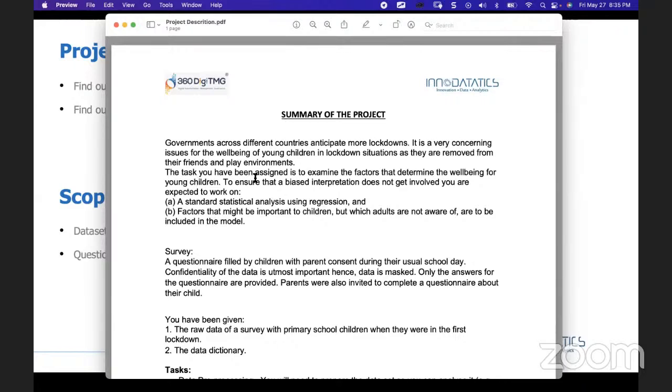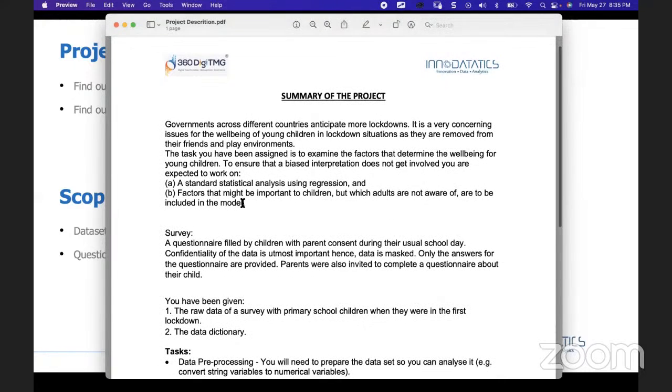So the task assigned here was to determine the well-being of young children. We also wanted to remove biased interpretation. So we had to use statistical models and then build prediction models to predict the well-being of the young children, and also determine what factors are important for children.